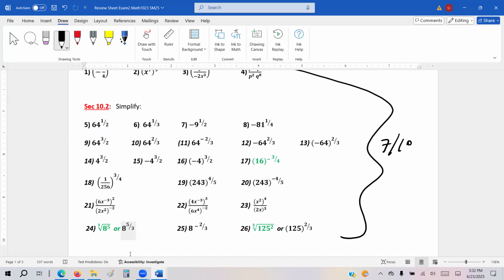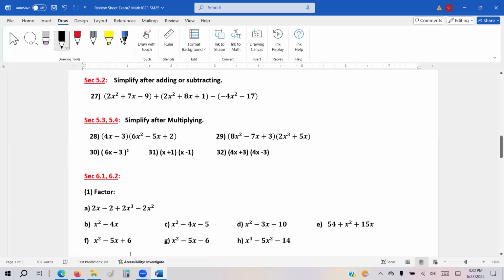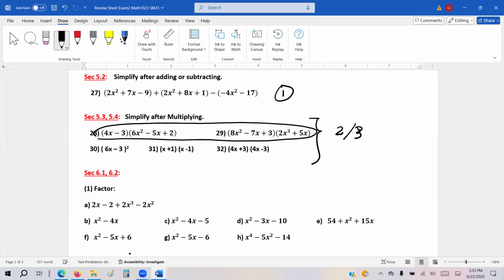But definitely 1 full page of these exponents. Addition and subtraction, 1. From multiplication, 2 to 3. My plan is to give you one of these, and one of these, and one of these.